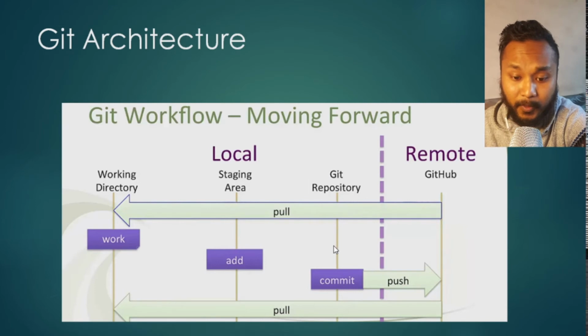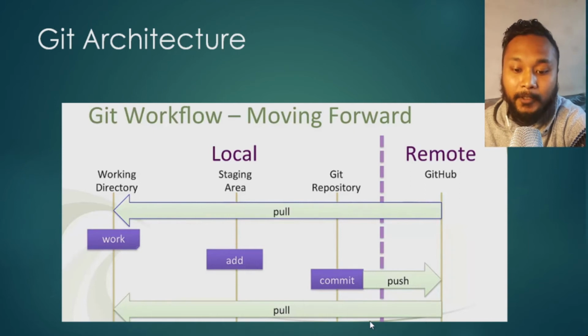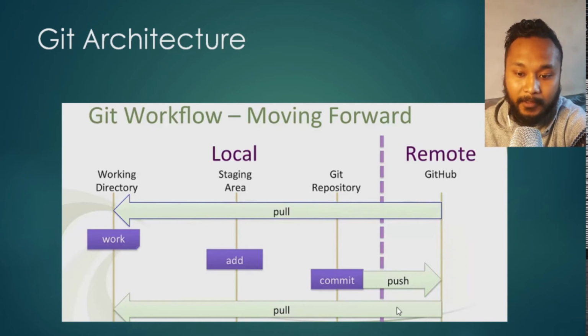In order to push it to the remote repository, you have to use the push command and push it to the remote repository which you have in GitHub or GitLab. And after pushing it successfully, if you want to use it on another machine or in another repository, you can pull it from the URL of your remote repository.